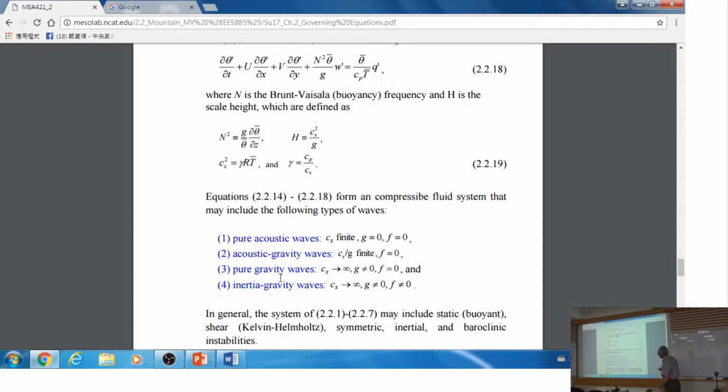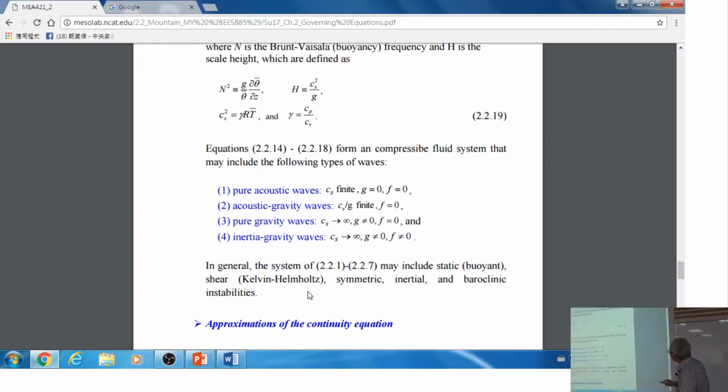Wherever you see this g or rho prime, there are terms associated with gravity waves. Pure gravity waves can be combined with acoustic waves to give us acoustic gravity waves, a kind of mixture of the waves together. And then inertial gravity waves, if f becomes important, then it comes into play.